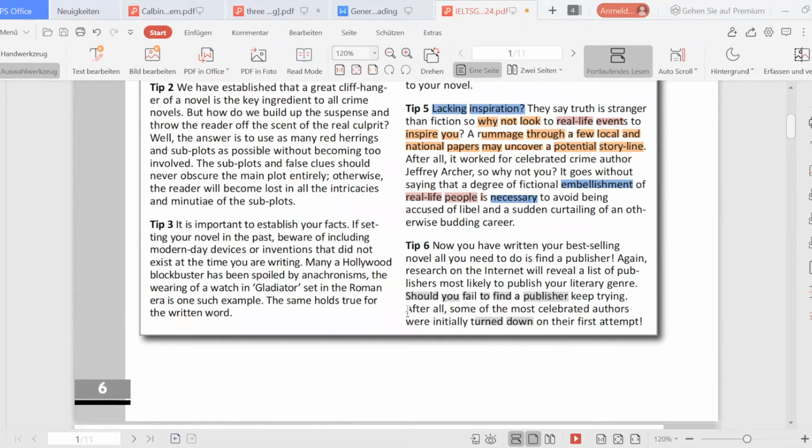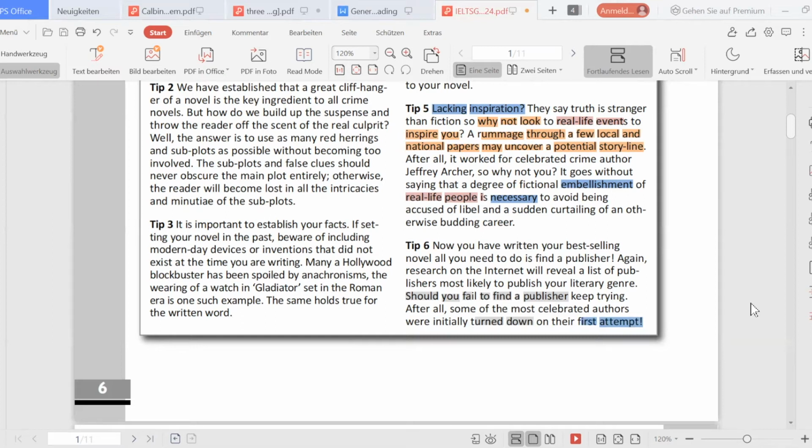We compare this one. We actually have 2. Remember, I said you can always support a sentence with a question with 1 or 2 sentences. So we've got these 2 sentences: after all, some of the most celebrated authors were initially turned down on their first attempt. So we actually have the word first here, either by interpretation or by direct statement of the phrase.